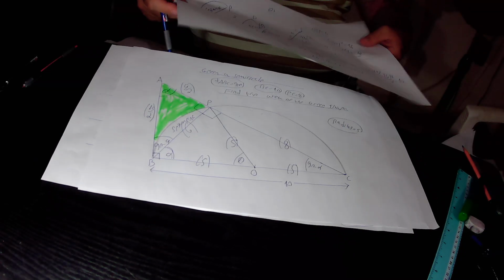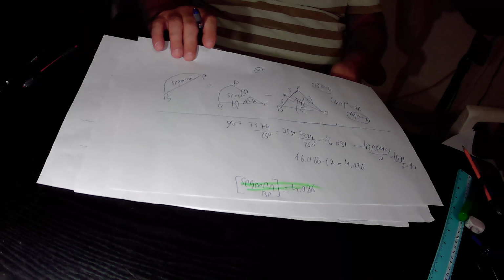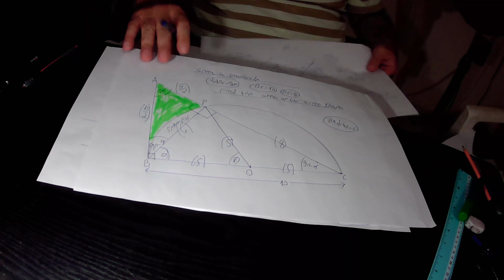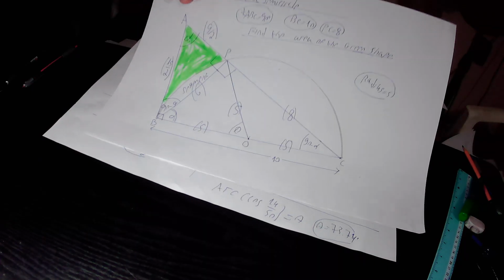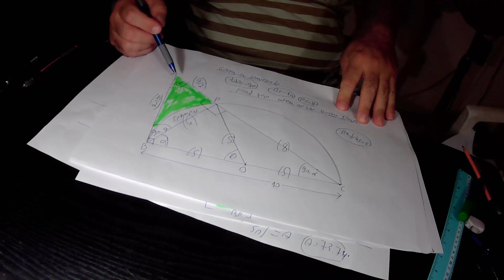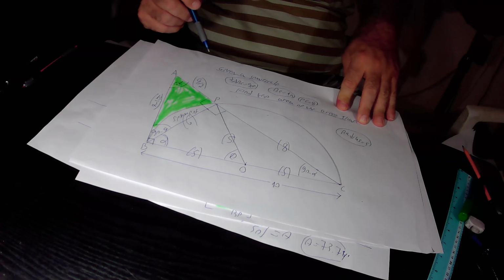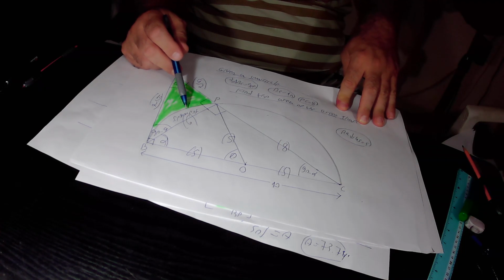Our task is to find the area of the green shape. So the area of the green shape is equal to the area of triangle APB minus the area of this segment BP.